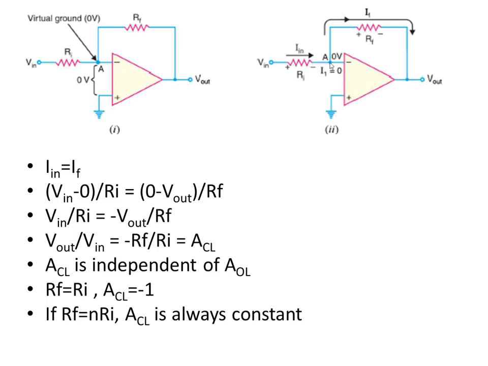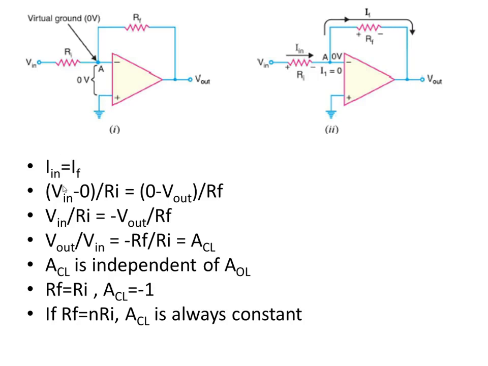That means no current is flowing through the input impedance. Therefore, the current coming from the input source does not go to the interior of the op-amp. The whole current will flow through the feedback resistance.